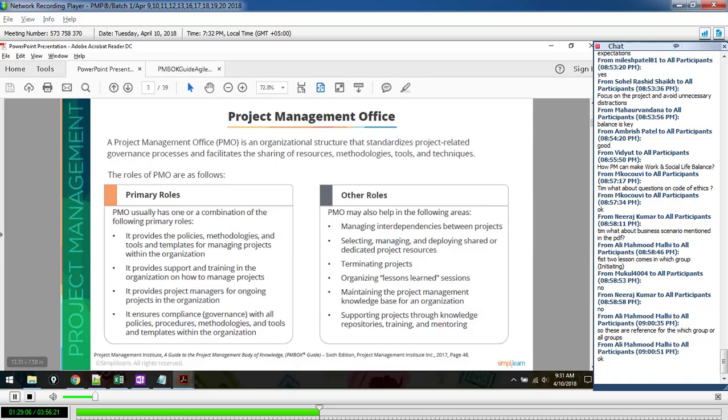That seems a little weird. Well, let's look at it. It provides policies, methodologies, tools, and templates for managing projects, okay? There's one way that projects are done, and here's how to do it. And here's all the tools and templates. That's called standardization. Business likes standardization.